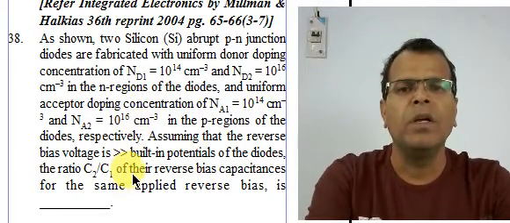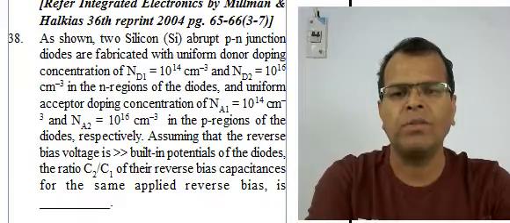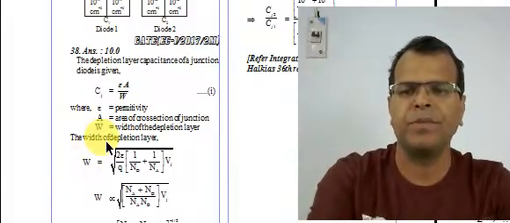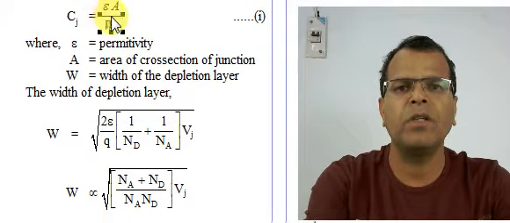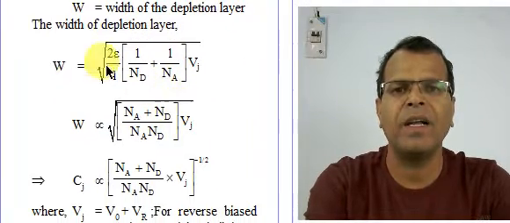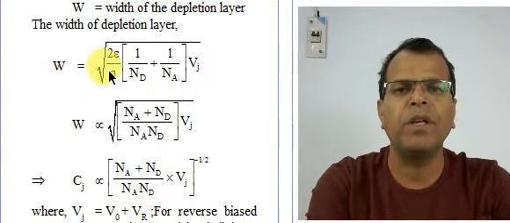So let's obtain it. Here we know that is your junction capacitance. We have already seen it, there is nothing to talk about again and again. We know the depletion layer width, and you are given these parameters ND and NA.